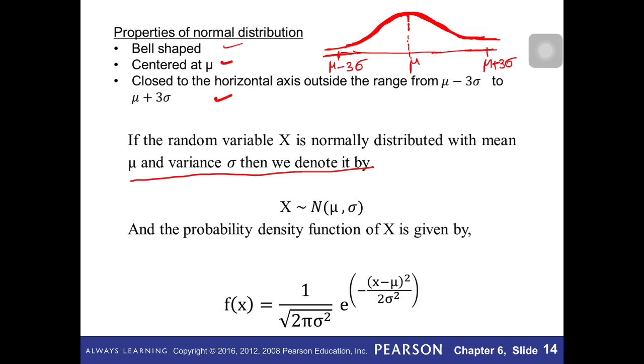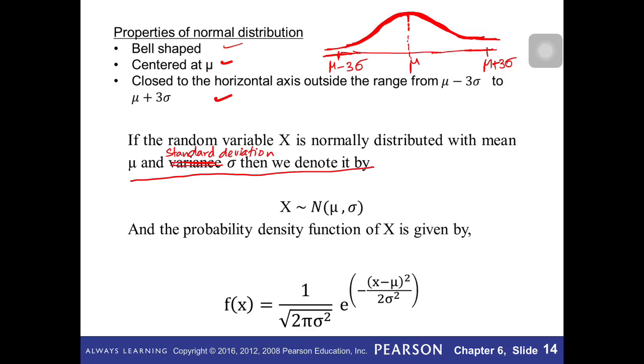Actually, you can use variance as well, but in this section we don't use the word variance that much, we use standard deviation. So don't worry about variance or standard deviation; normally it's standard deviation.